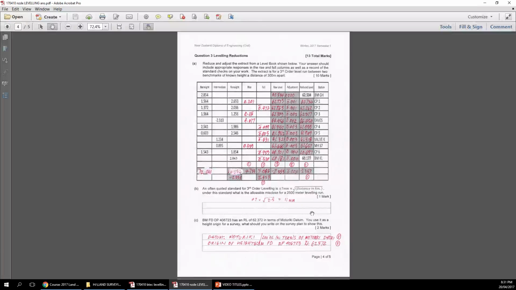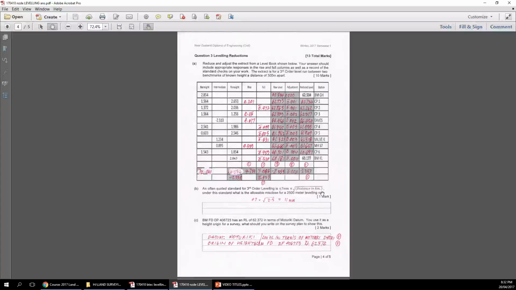Now, there were some big problems with this question, because people thought that it was the same as the 2016 test and the 2015 and the 2014, and maybe even the 2013. But if you read this question carefully, you will see that it refers to an often quoted standard for third order leveling. Under this standard, what is the allowable misclose for a 2,500 meter leveling run?